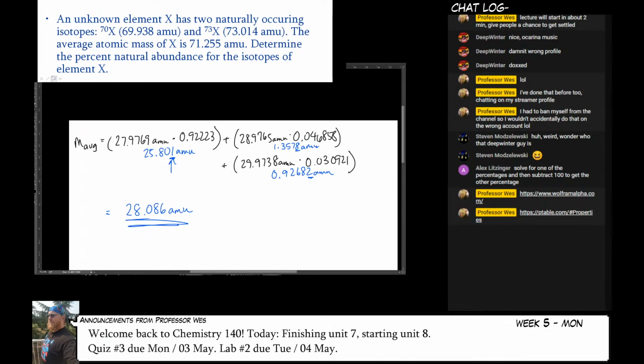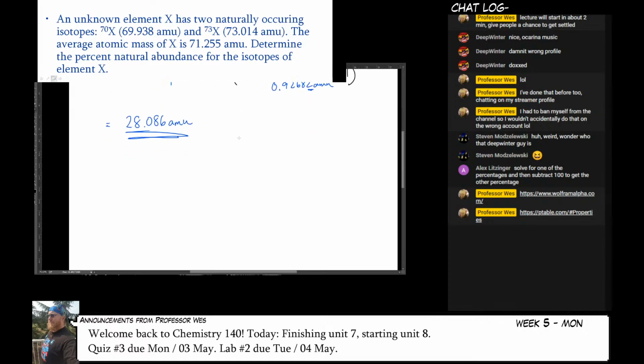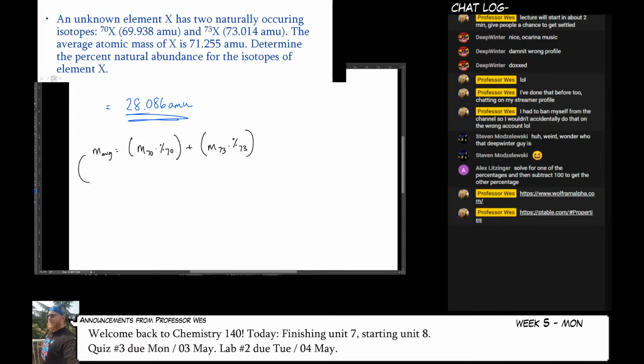For the unknown element here, I'm not going to solve out all the algebra because you've already seen me do that. What I'm instead going to do is show the equations that we should create here. So we'll do M average. This will be the template here. So this will be the mass of the first isotope, which is 70, times percent 70, plus the mass of 73 times percent 73, which I'm going to rewrite.